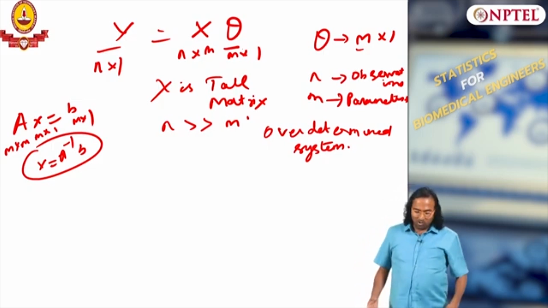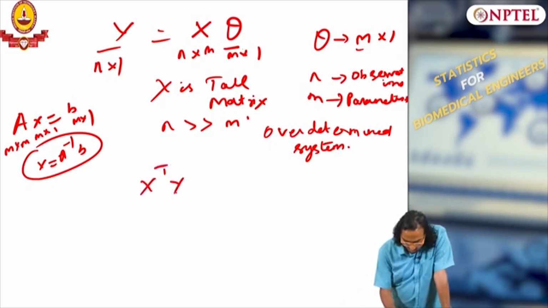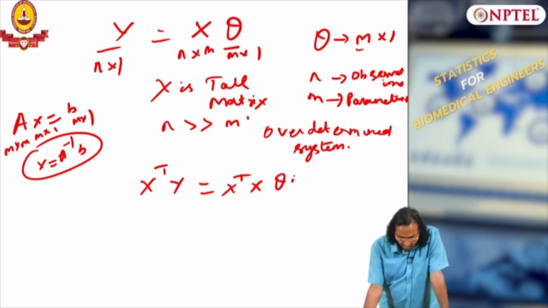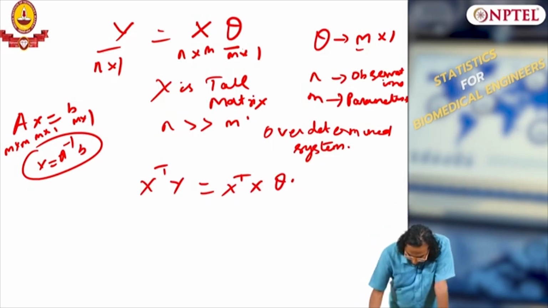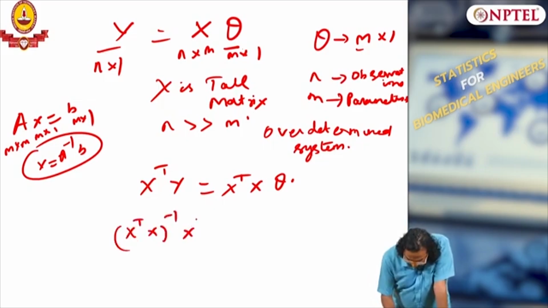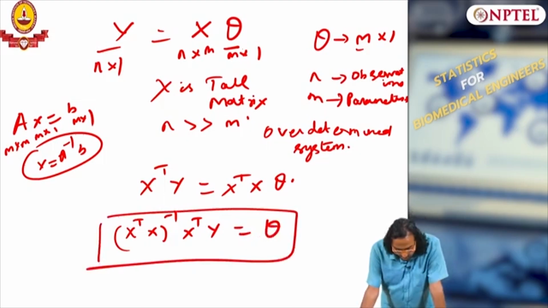So what do I do? I make X square, so I pre-multiply both sides by X transpose. Then what do I have? Okay, that is a one step solution.